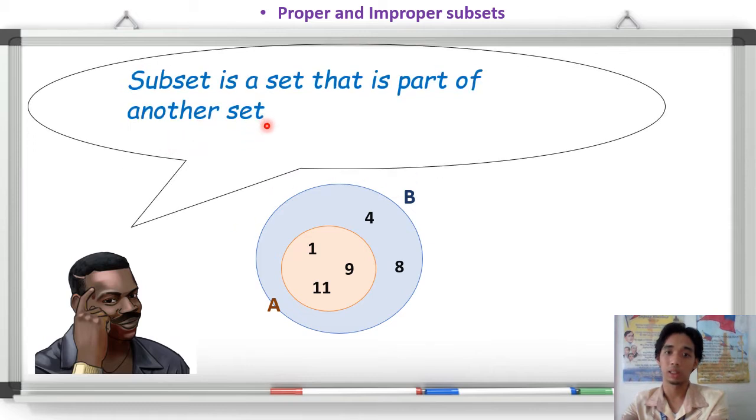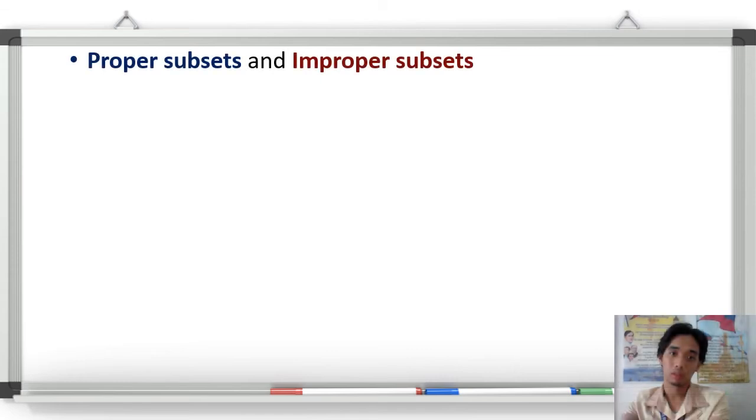A subset is a set that is part of another set. Example of this is here, set A and set B, in which set A is a subset of B because A belongs to B. All of the elements of A belong to B.